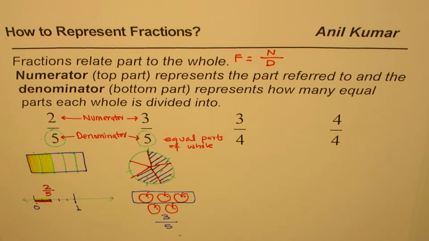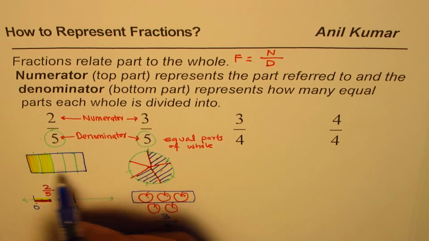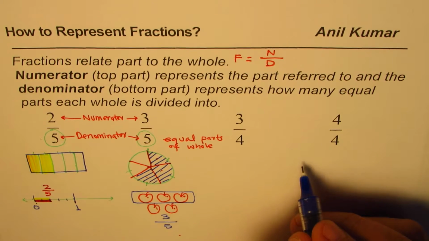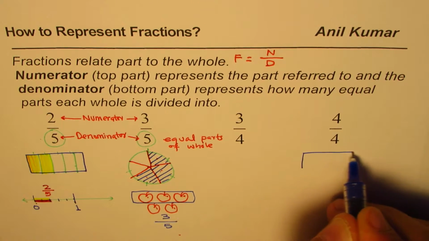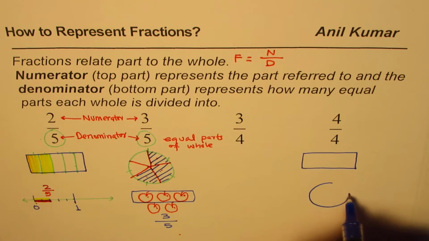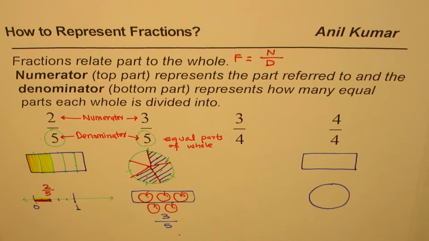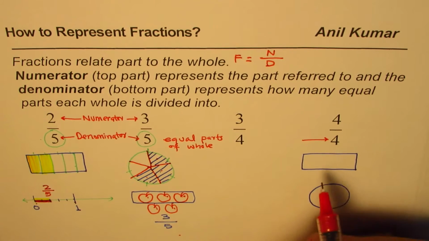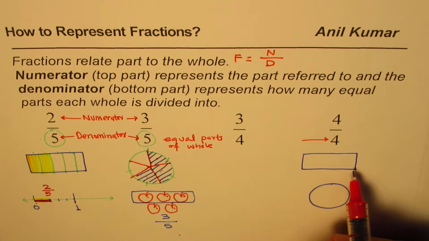So I'll leave 3/4 for you as an exercise, but I'll do 4/4 since 4/4 is kind of interesting. So what we will do is we'll take these 2 cases. Let me draw a rectangle and then we'll take a circle also, right? So since the denominator is 4, what should we do? The whole should be divided into 4 equal parts.